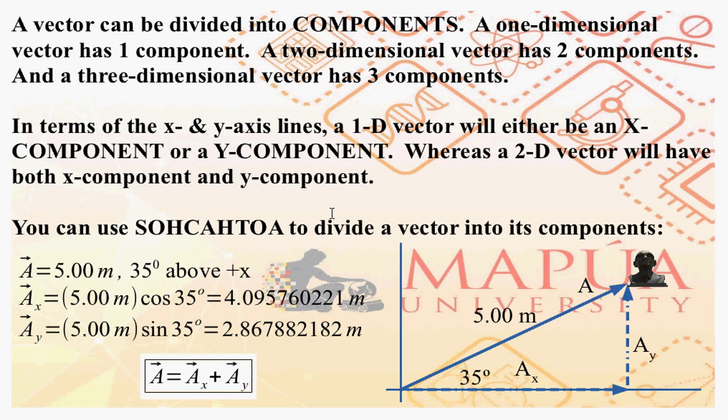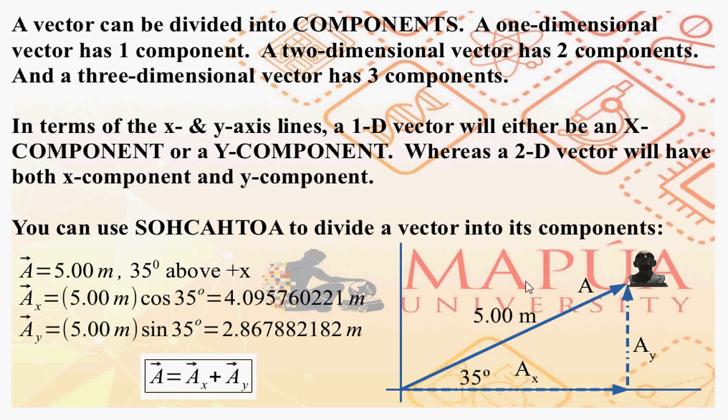the components. For instance, say the position of an object, a bus, vector A, is 5 meters, 35 degrees above positive x. So 35 degrees above positive x, you have the location or position of our object, vector A. The magnitude of our vector A will be on this side of the triangle.